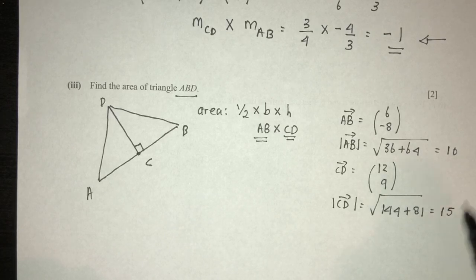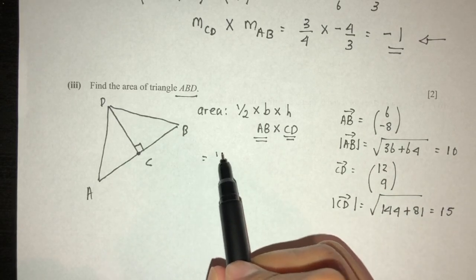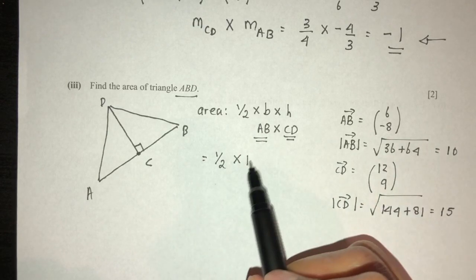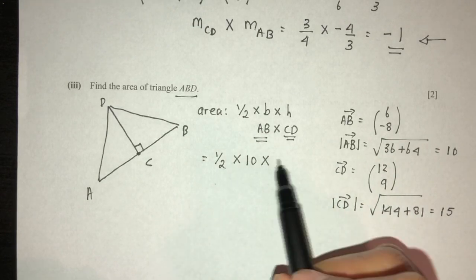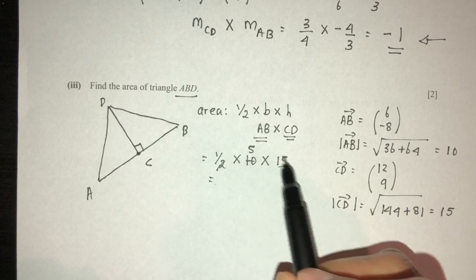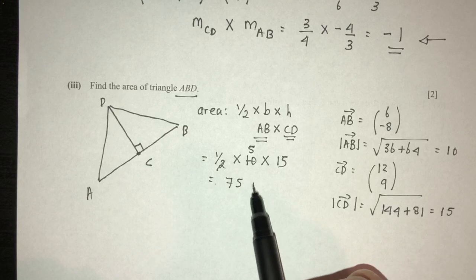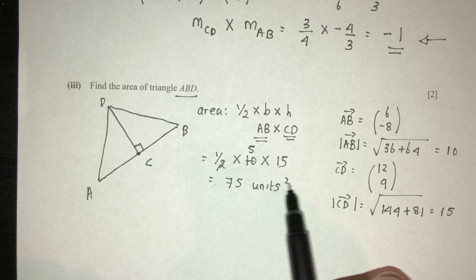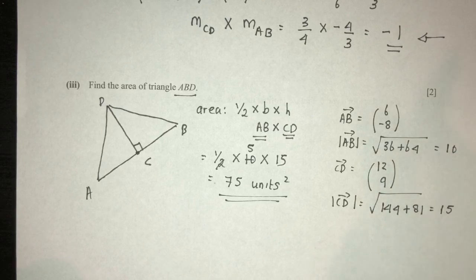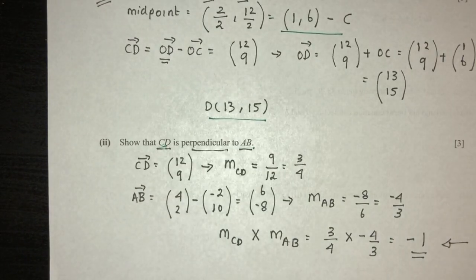Now replace these values back in your equation. So area is half times base, AB is 10, times height, which is 15. That will be 5 times 15, that will be 75 units square. This is your area of triangle ABD. And that is your question number 3.